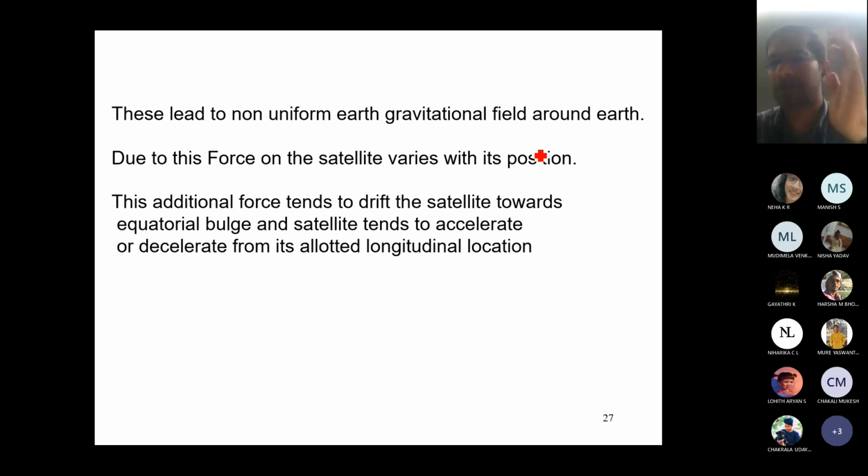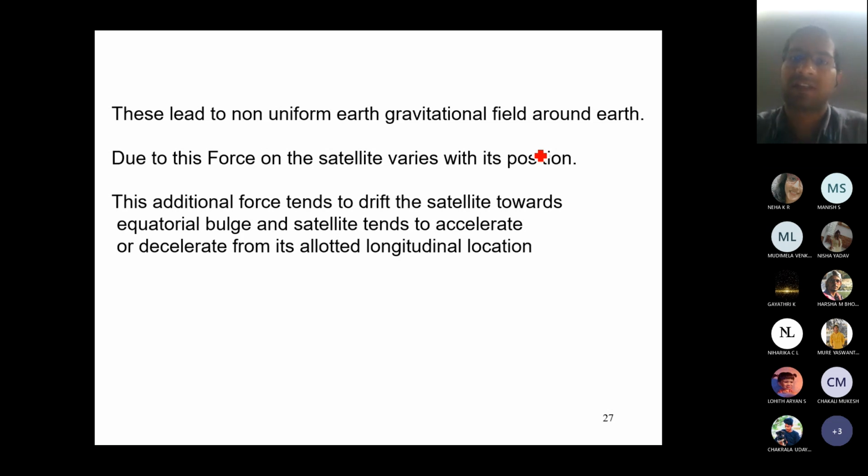So try to analyze what is happening. You are experiencing high gravitational field towards the northern pole and southern pole. Getting the point? That means when the satellite goes towards north or south, it is experiencing high gravitational field.